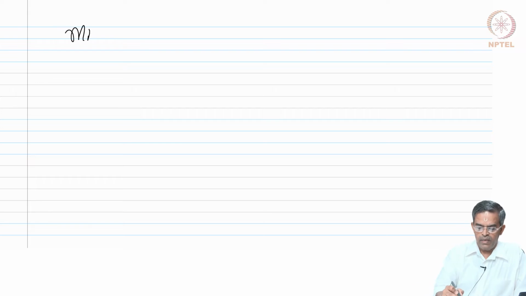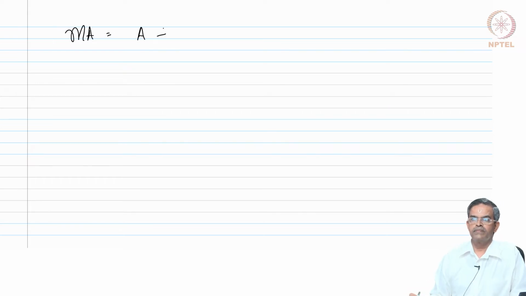So, now MA is equal to A minus. I have got different components.